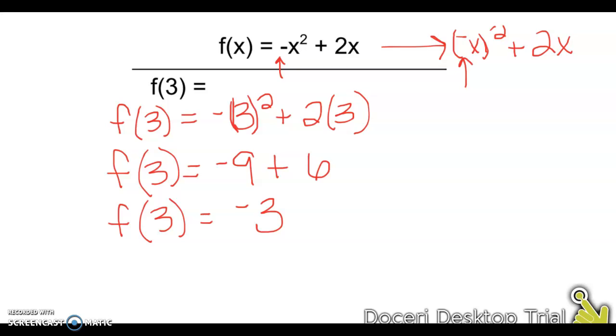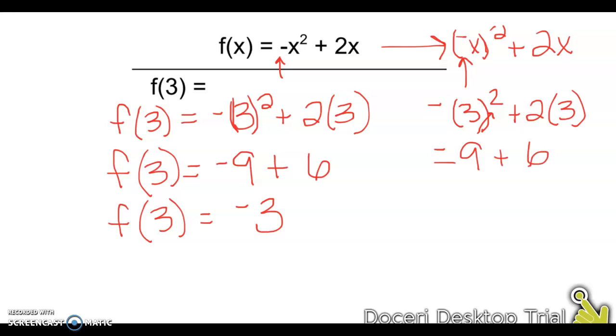So when we input the value in, we were inputting it in like this. So by order of operations, we have to do 3 squared first. And that's how we got the negative 9 plus 6.